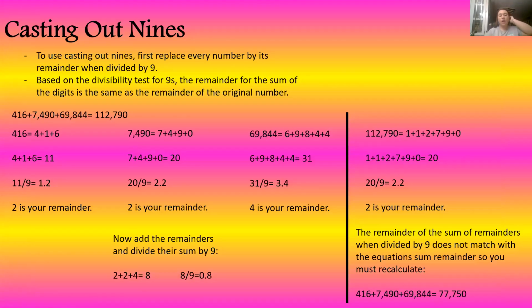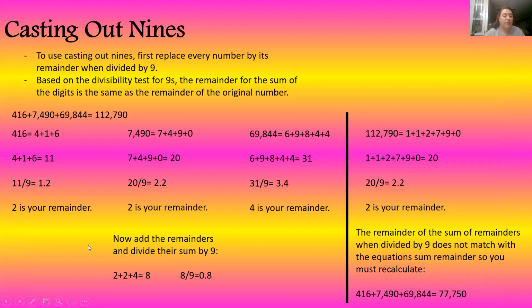All right, casting out nines. Okay, so this looks like a whole bunch of craziness, but I will explain how it works. To use casting out nines, first replace every number by its remainder when divided by 9. Based on the divisibility test for nines, the remainder for the sum of the digits is the same as the remainder of the original number.